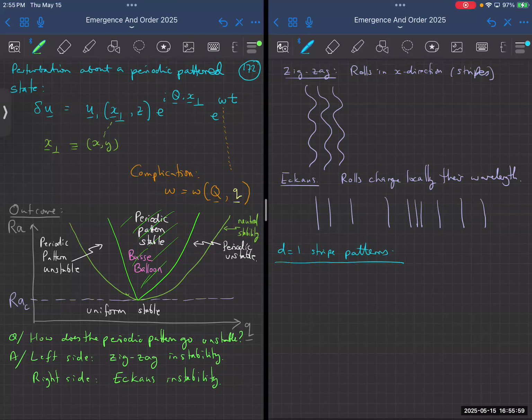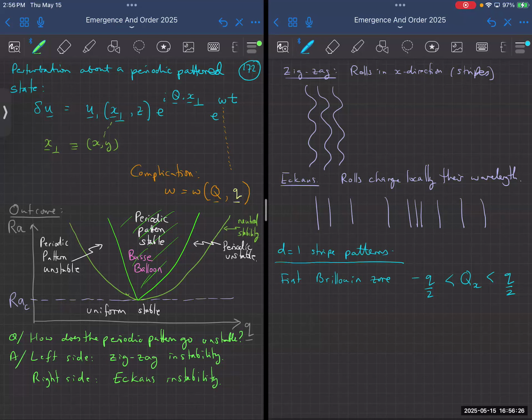So we can look in the first Brillouin zone, where minus q over 2 is less than qx is less than q over 2. This is the wave vector of the perturbation, and you can ask, how can it go unstable?